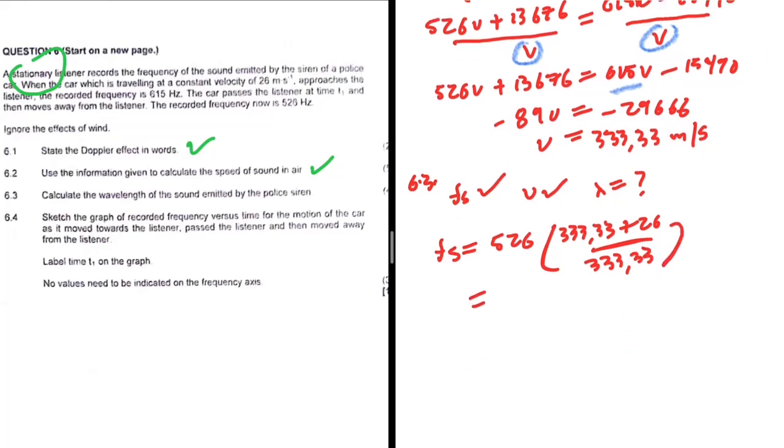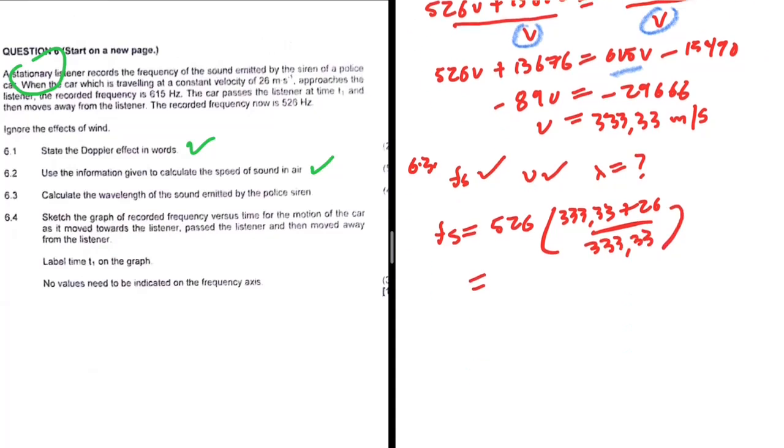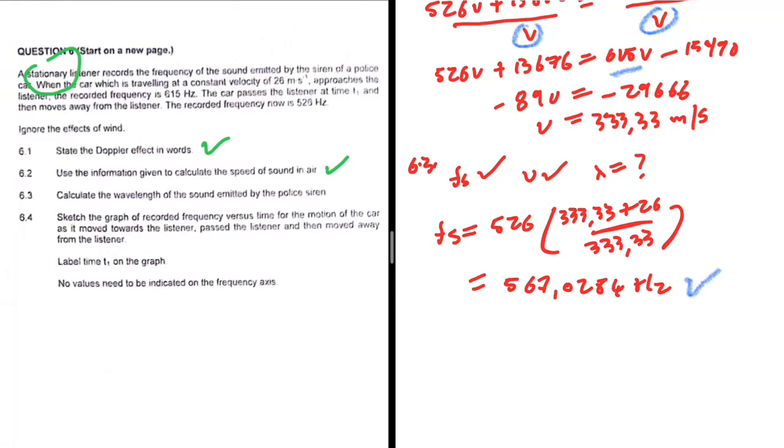So let me put that in my calculator. 526 multiplied by 333.33 plus 26, everything divided by 333.33. Right. And then when I put that in my calculator, I get 567.0284 hertz. I can actually prove if this is correct, but I don't think it's necessary. I'm quite sure this is correct.